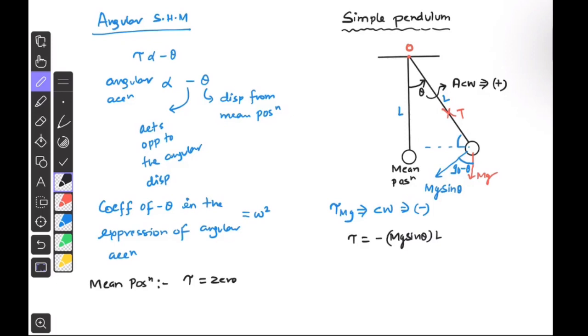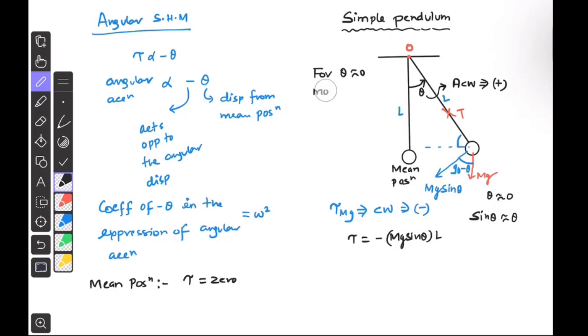So it's not going to undergo SHM. It's only going to undergo SHM when the torque comes proportional to minus theta. And that can be possible only when sin theta can be written as theta, which is only possible when theta is very small. So it's going to undergo SHM for very small angles.